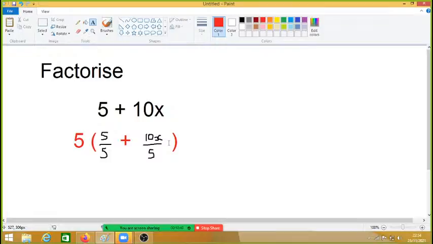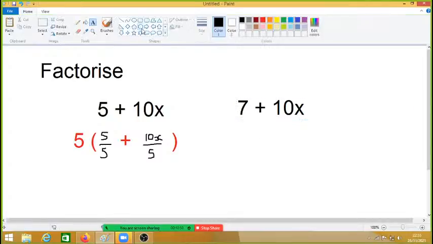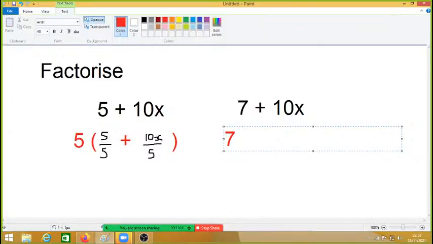And the advantage of this is that it'll work even when there is no common factor. So for example, if I had 7 plus 10x, that doesn't have a common factor, and at GCSE level you'd be stuck with not being able to factorize this. So what you can do using this technique is you can have anything at the beginning of the bracket. So you can have a 7 if you like at the beginning of the bracket.